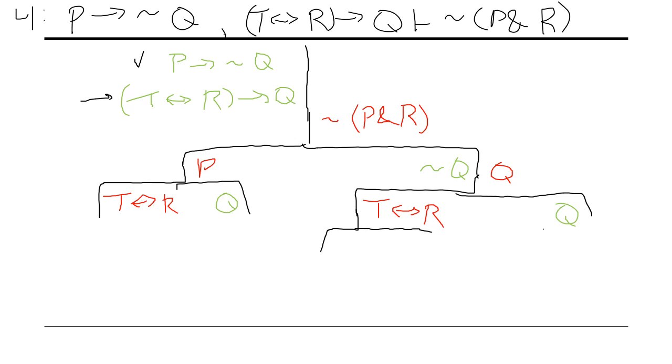So, now we got to break up this T double arrow R. So what makes a biconditional false is wherever they don't match. I'm just going to put it that way.